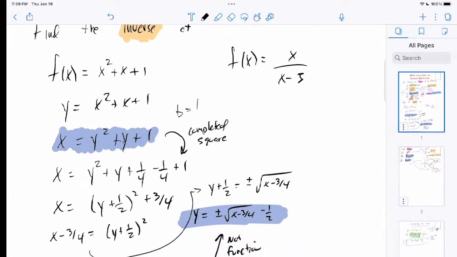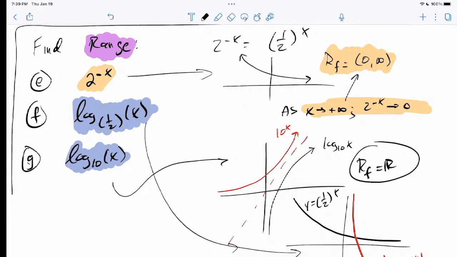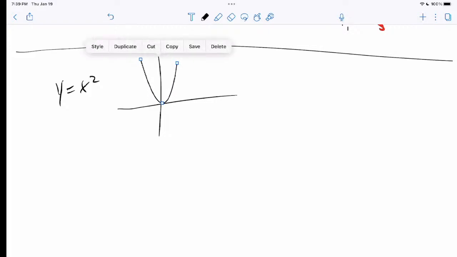So for instance, if you look at y equals x squared, if I were to sketch that, it would look something like this. This is roughly what y equals x squared looks like, right?